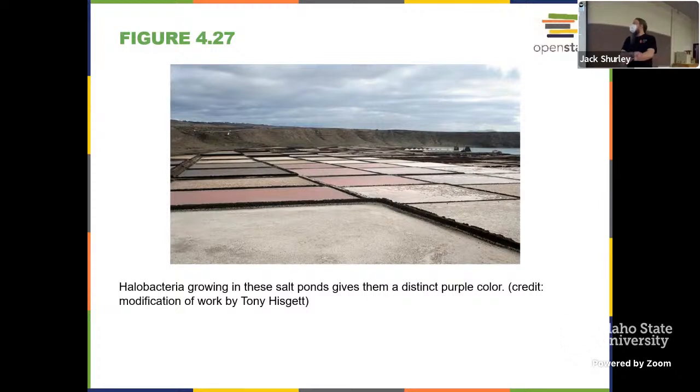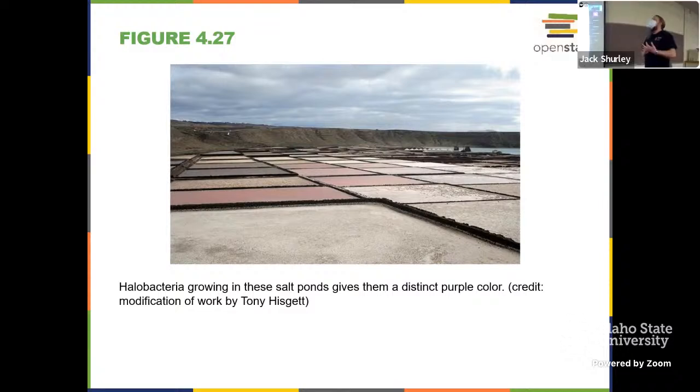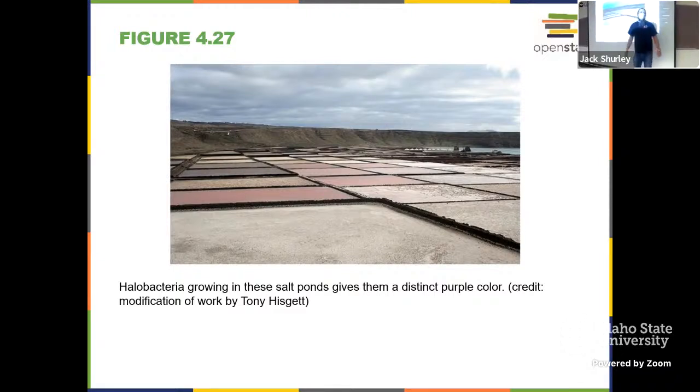This image, I don't think we're looking at the Great Salt Lake, but we sure could be, all right? I did show you some images of the Salt Lake a little bit ago, maybe that was Monday. You can see here we've walled off a bunch of different areas, and as the water's evaporating, we're getting some salt within there.